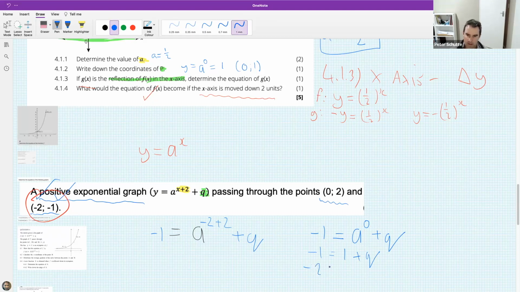So minus 2 equals q. Okay, that's good news, because now I know that this is minus 2. So I've just got to figure out what a is. But what I found out is this graph has been shifted down by 2 units. That's the first bit. Now I need to find out what a is.